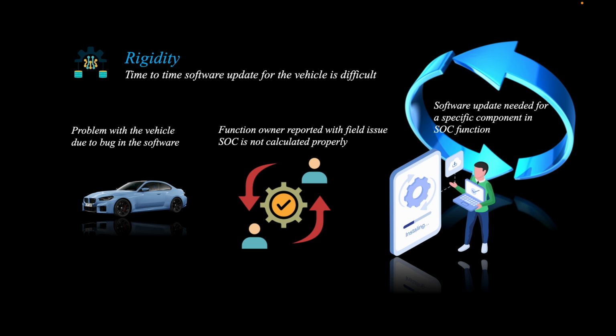But if that variable takes its output from another variable, then you can change it and update it. So rigidity means if you want to update your software over time, it should allow the software to update. That feature is also offered, and this particular rigidity problem is also solved with the help of Autosar.